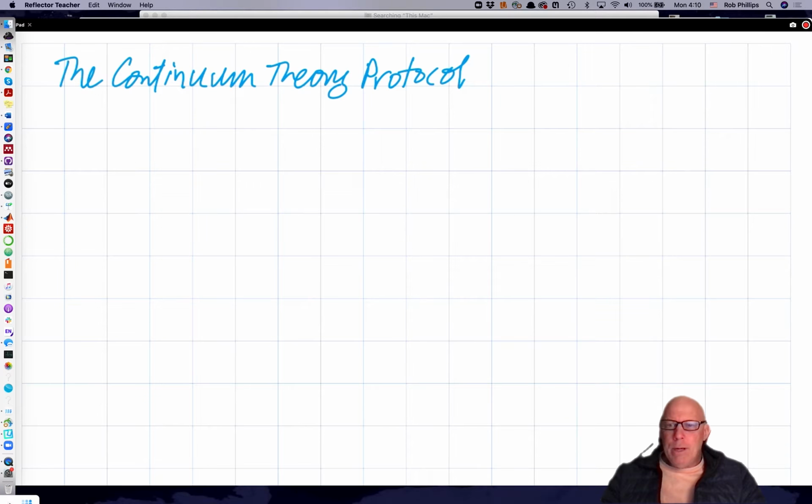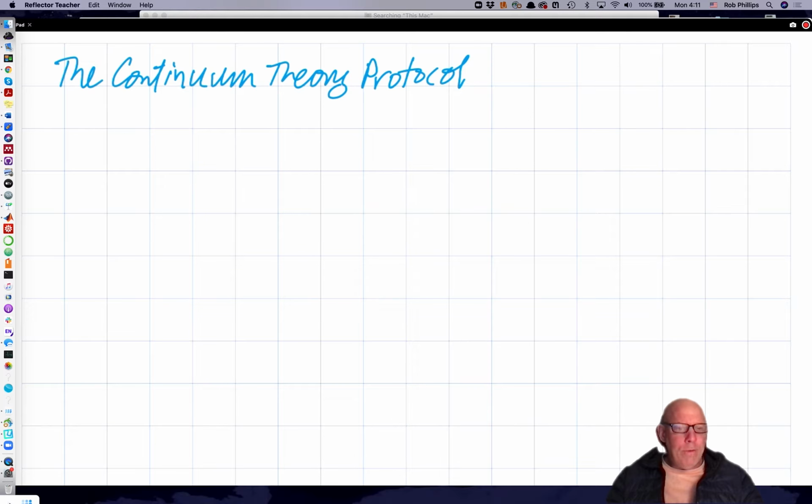So before doing that, I want to give a preface, and the preface is really in the form of a very powerful overarching theme, which is that of what I'm going to refer to as the Continuum theory protocol. So the idea here is that we're going to note that there are many, many different ways of viewing the world around us, all of which build upon this notion of the field.